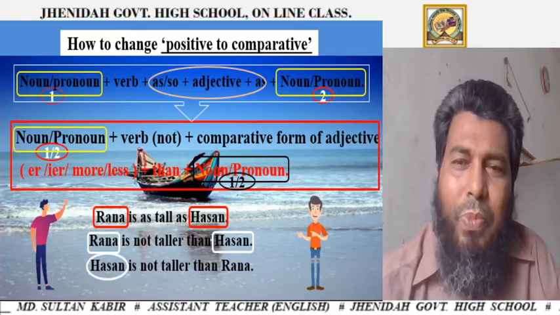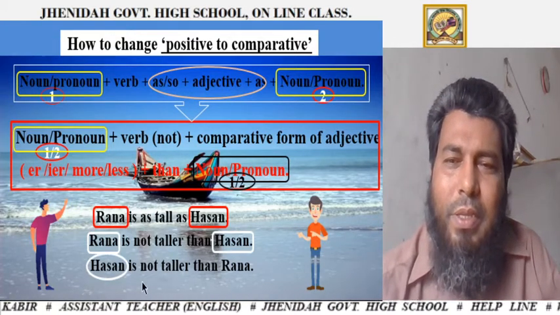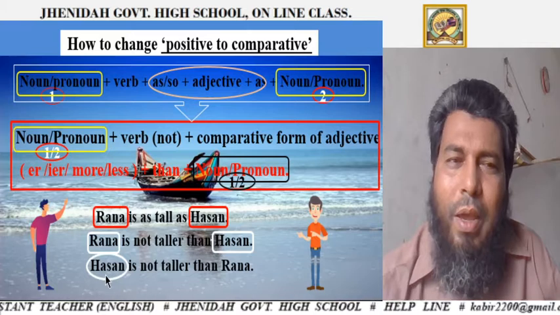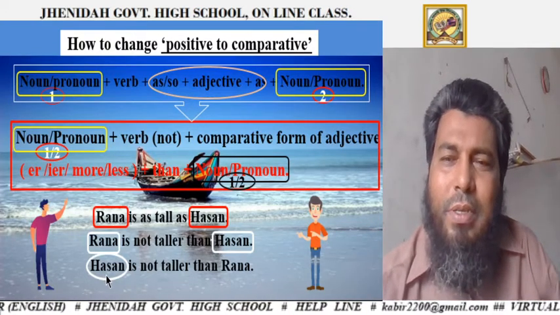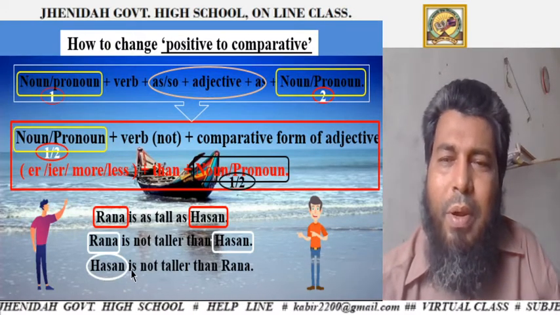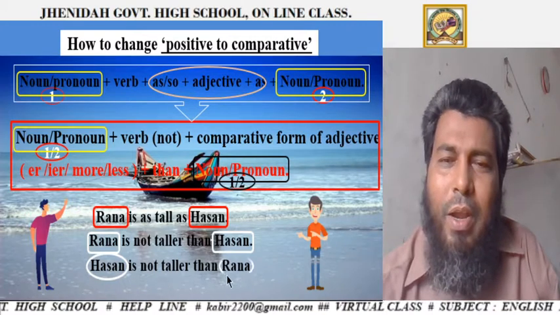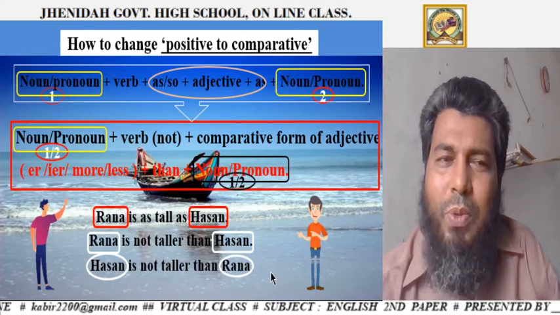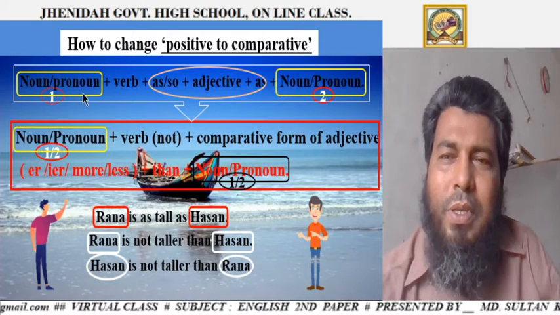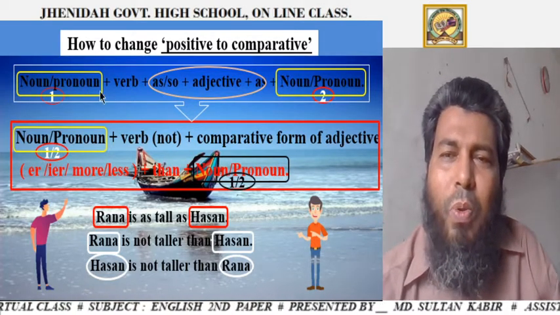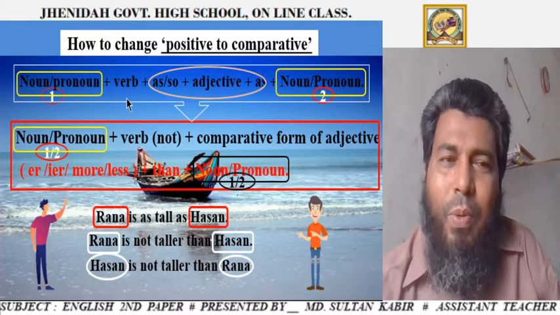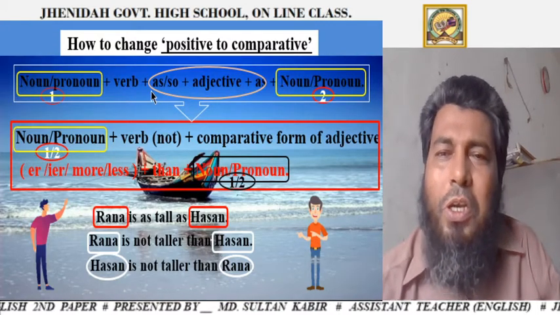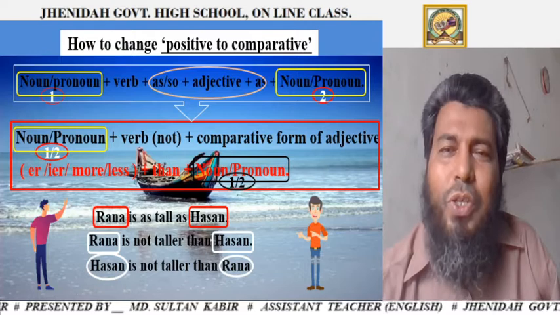Now here the second one, Hassan, we insert here Hassan at the beginning, then verb is not taller than Ran. Okay, in these two ways we can change a positive degree. Which positive degree? If the positive degree starts with noun or pronoun, and then we should look at the structure of positive degree.